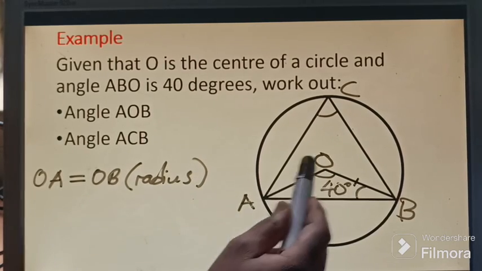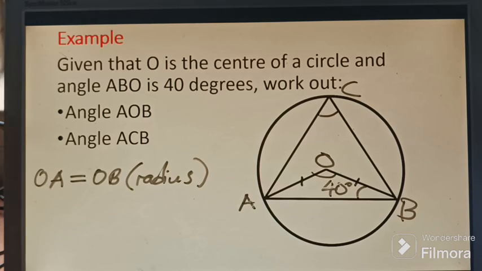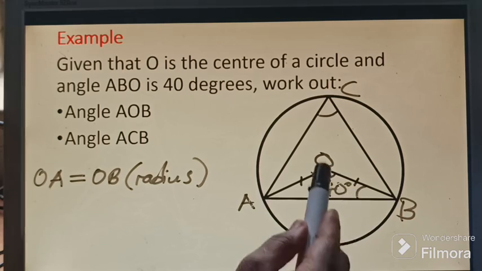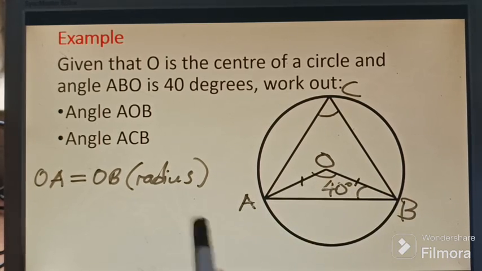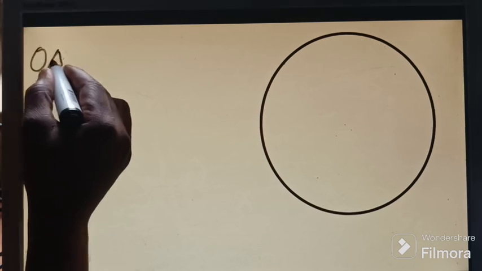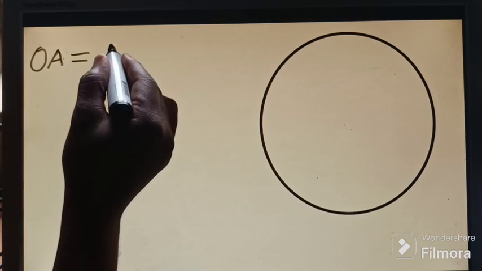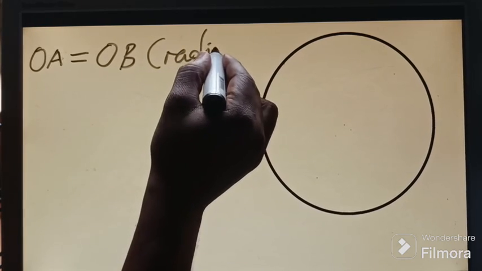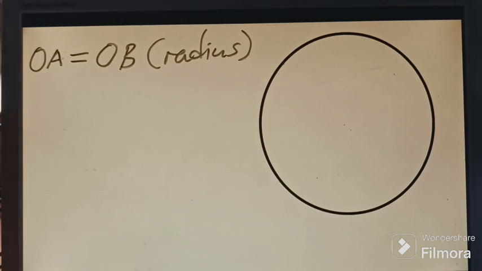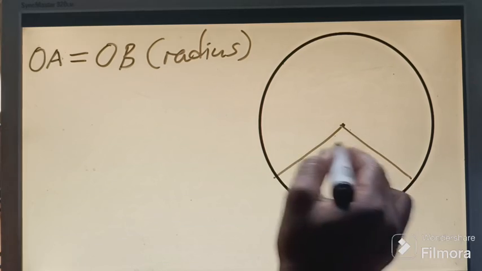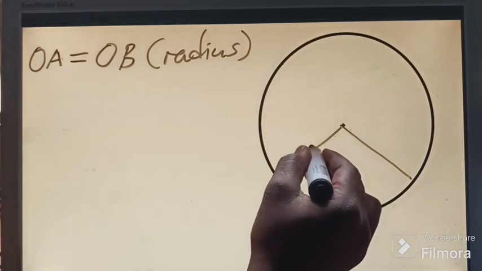So because OA and OB are equal, triangle AOB is an isosceles triangle.